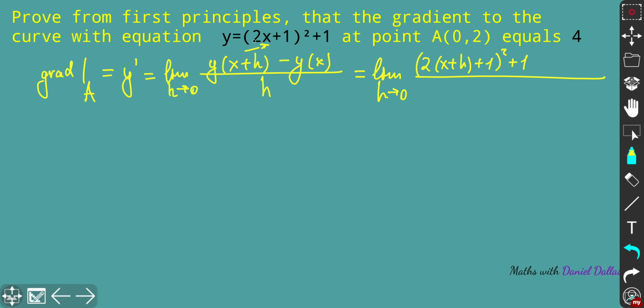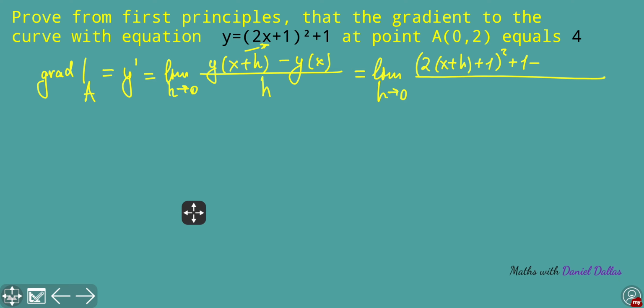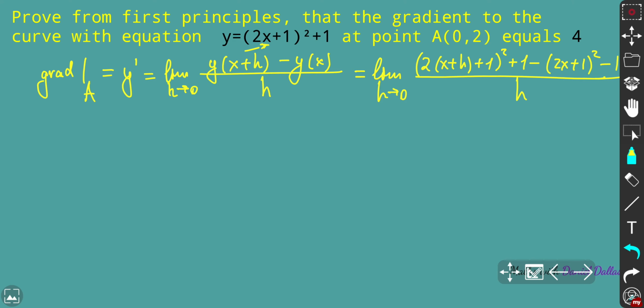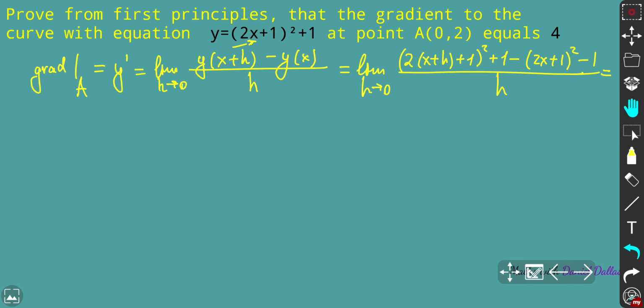Then you take away y(x), which is normally your function, so you take away (2x plus 1) squared, and you take away 1. So be careful about how well you can simplify algebraic expressions. Okay, so it's done, and we're going to simplify a little bit.